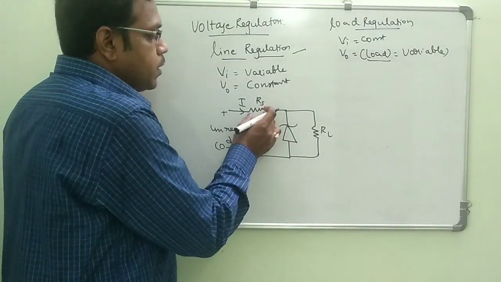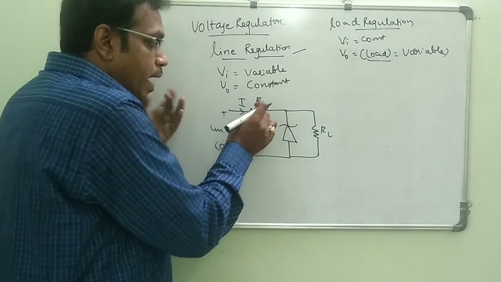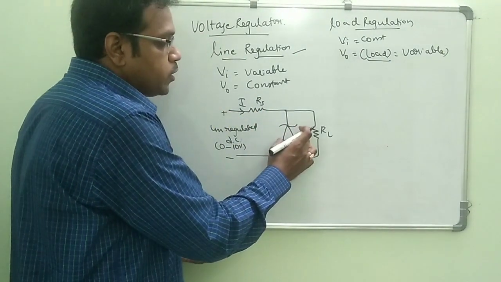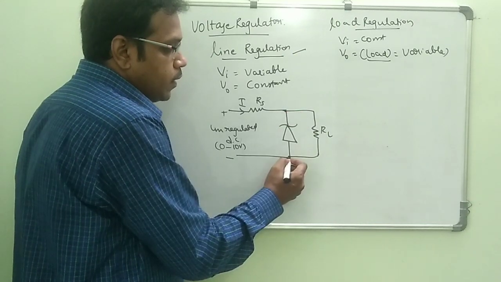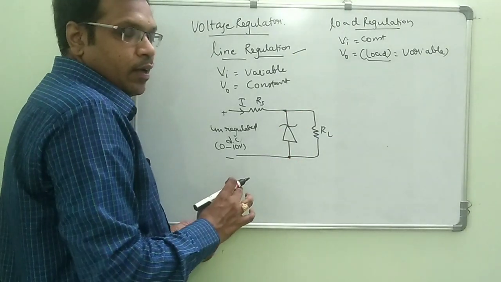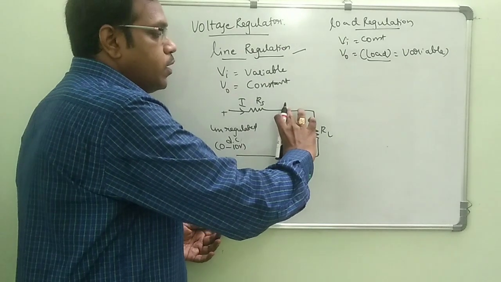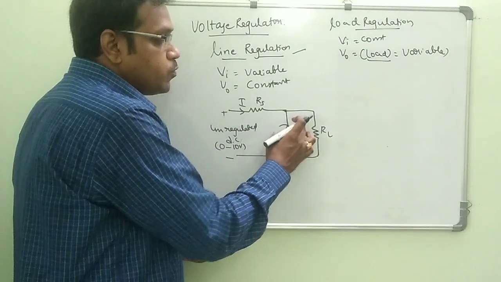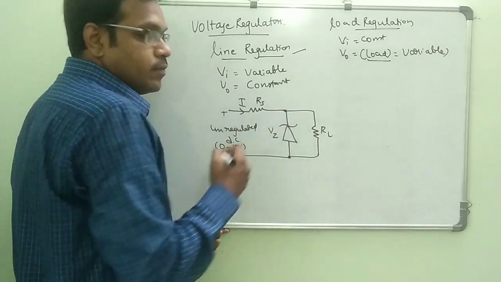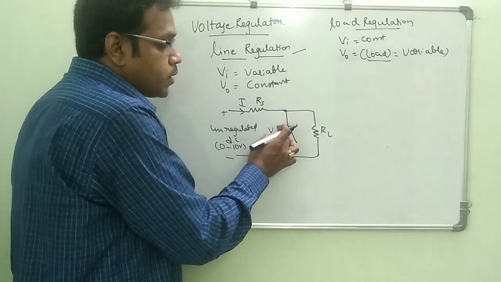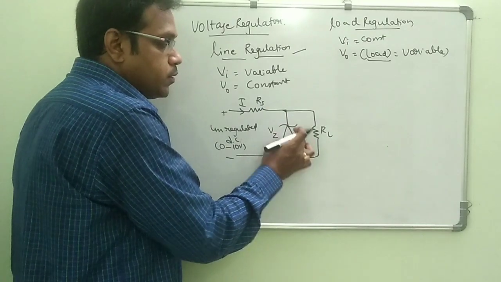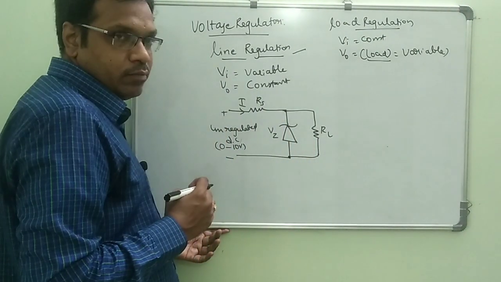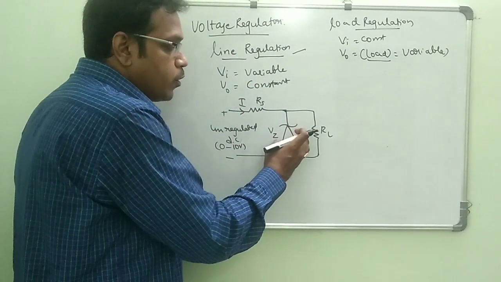This limiting resistance is arranged in such a way that these terminals always have a constant voltage, because the Zener breakdown voltage will be some VZ. When the voltage across the Zener diode reaches VZ, it comes into the breakdown region.